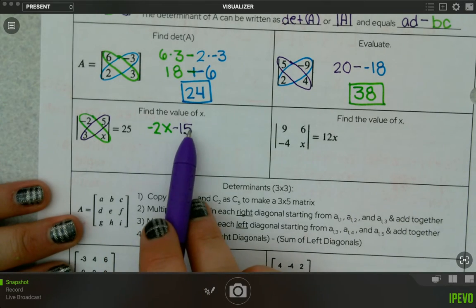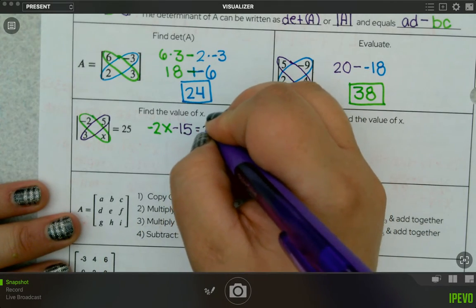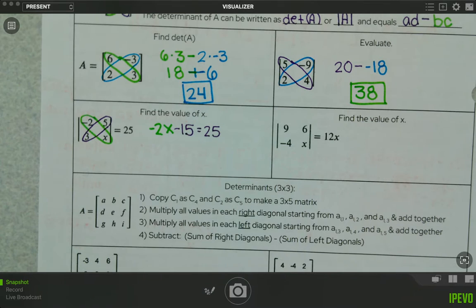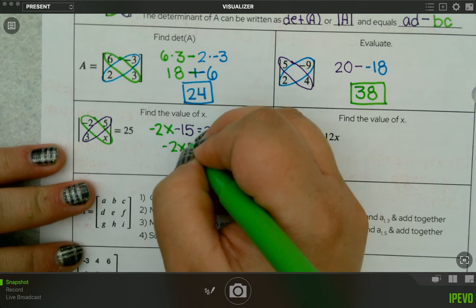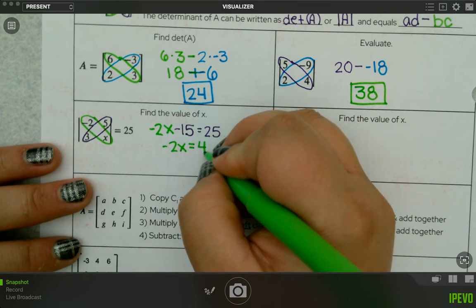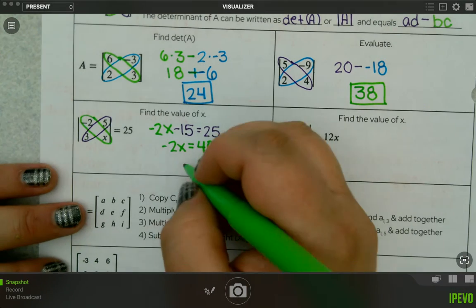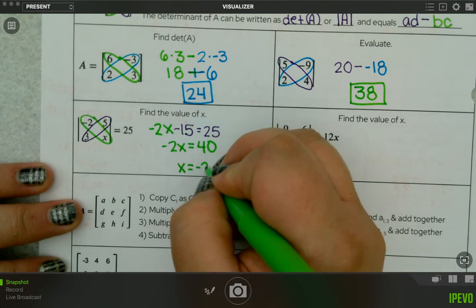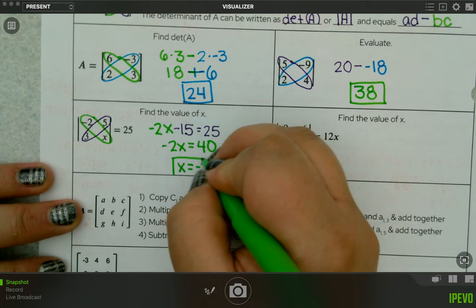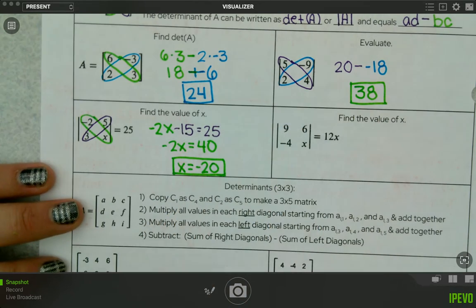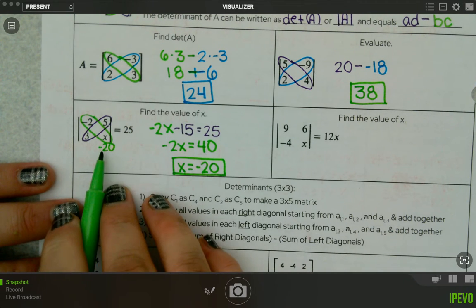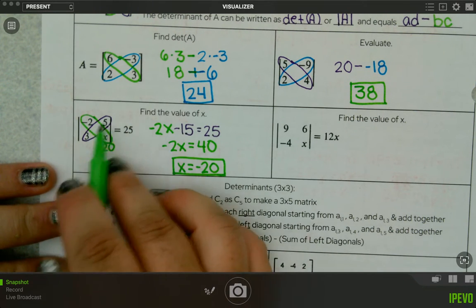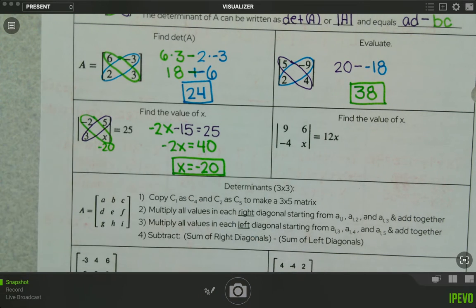So negative 2x minus 15 equals 25. Guys, this is just a regular equation. You're going to add the 15 to the other side. 25 plus 15 is 40. Divide by negative 2 on both sides. And x is negative 20. We could even double check if we wanted to. Negative 2 times negative 20 is 40. 40 minus 15 is 25.